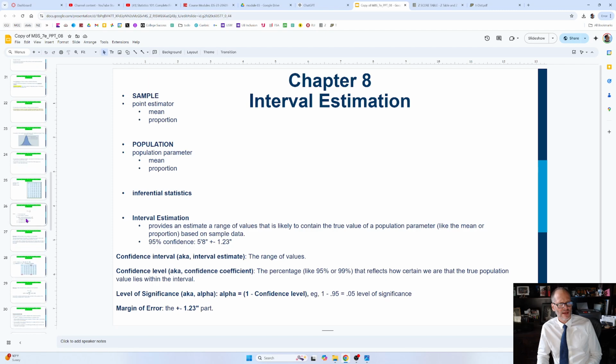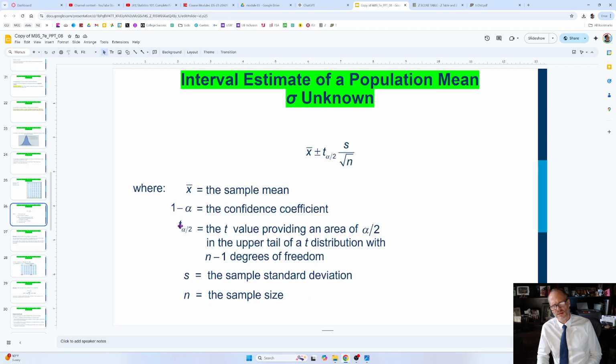And then we have t subscript alpha over 2, the t-value providing an area of alpha over 2 in the upper tail of a t-distribution with n minus 1 degrees of freedom. And s is the sample standard deviation, and n is the sample size.